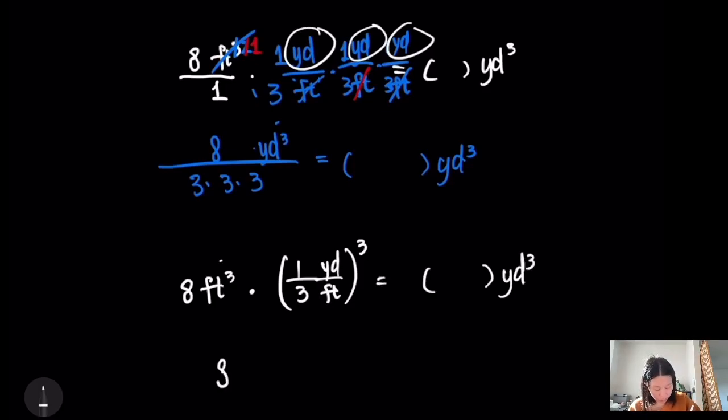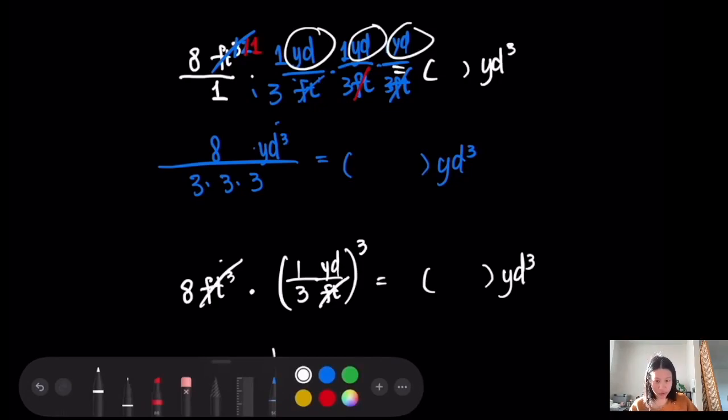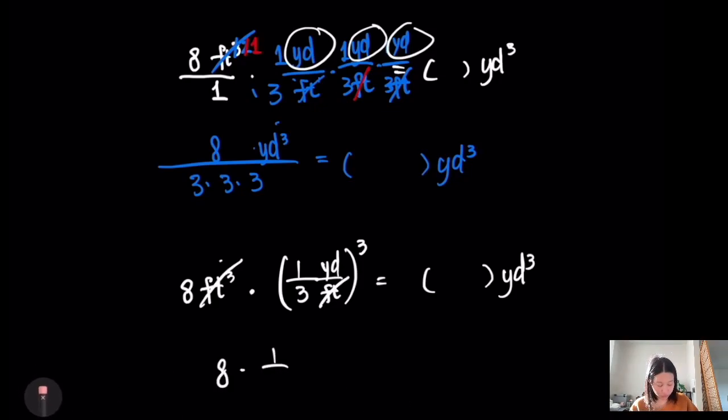In that case, I have 8. This part is cross cancel times 1 over 27, sorry. Yard cubic. So this is equal to 8 over 27 cubic yard.